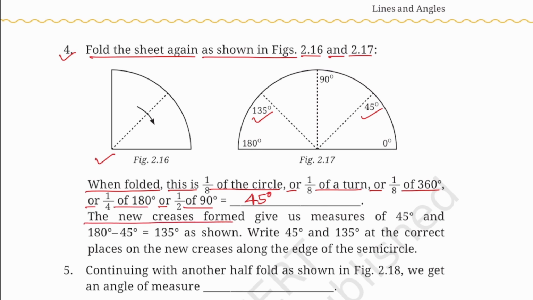The new creases formed gave us measures of 45 and 180 minus 45, that is 135 degree as shown. Write 45 and 135 degree at the correct places on the new creases along the edge of the semicircle.